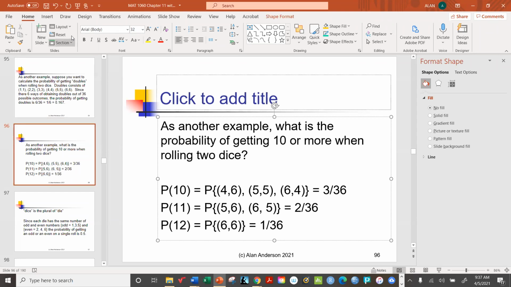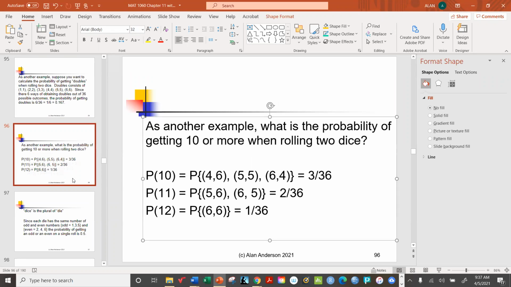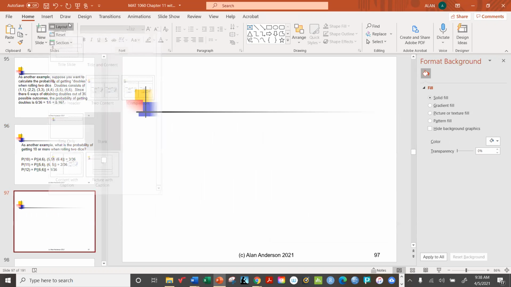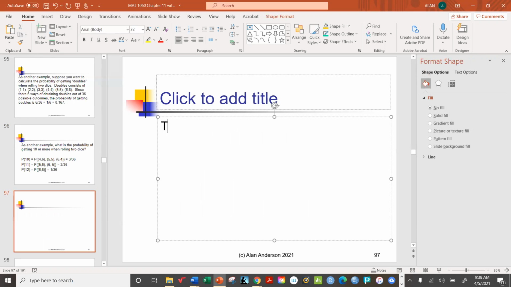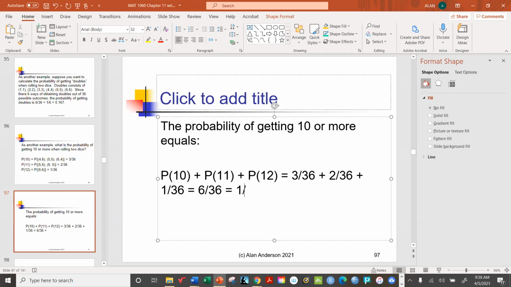So therefore, the grand total would have to be the sum of those 3 probabilities. In other words, the probability of getting 10 or more equals 3/36 plus 2/36 plus 1/36, which equals 6 out of 36, which is 1 out of 6.